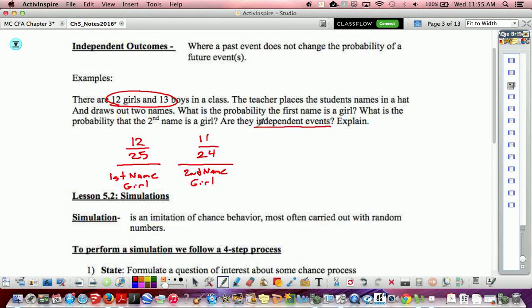In order for them to be independent, they would have to be the same probability. So no, they are not, because the probabilities change.